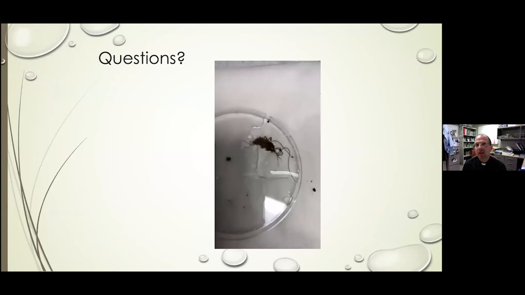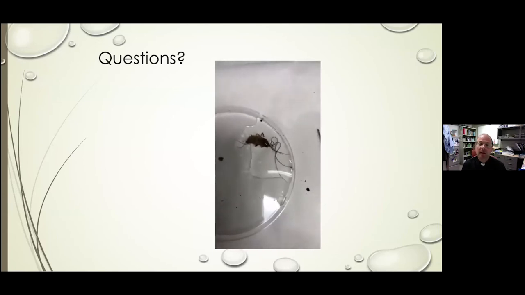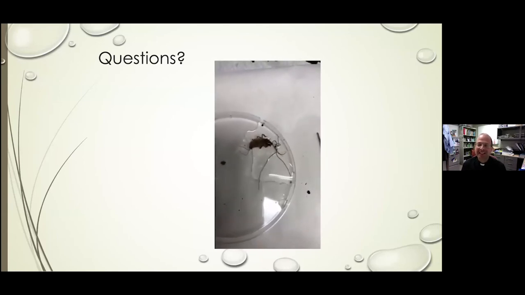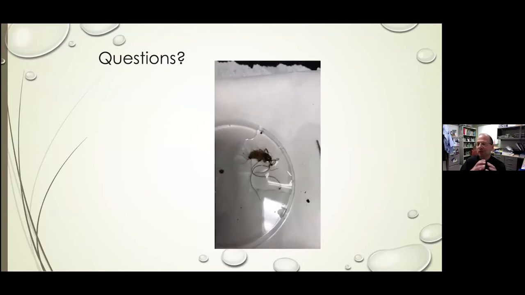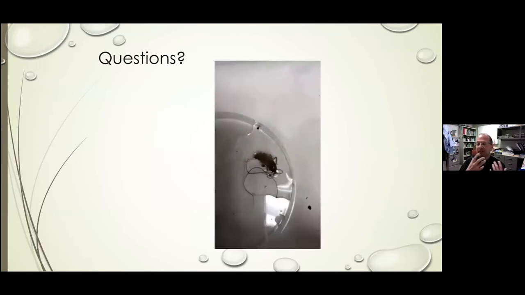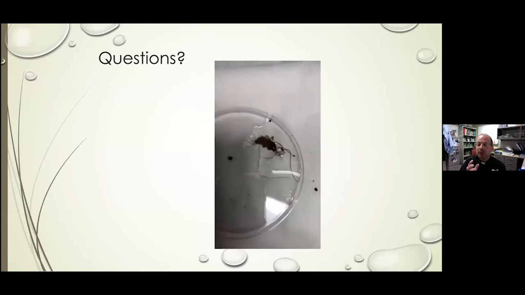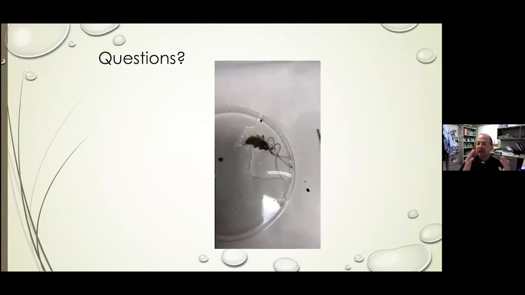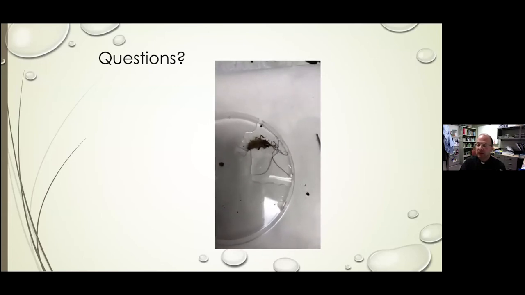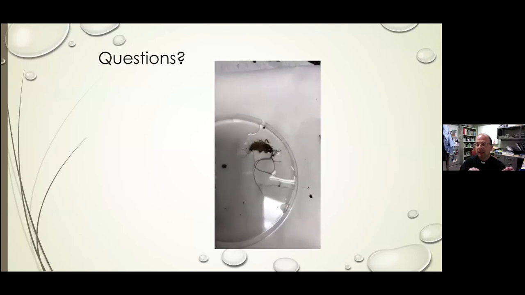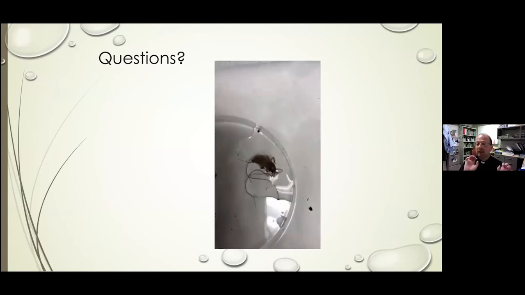The more well-studied example is the trematodes. The adults are in some sort of vertebrate host, and then eggs get passed out and end up in the water, and they hatch out into a larval stage.